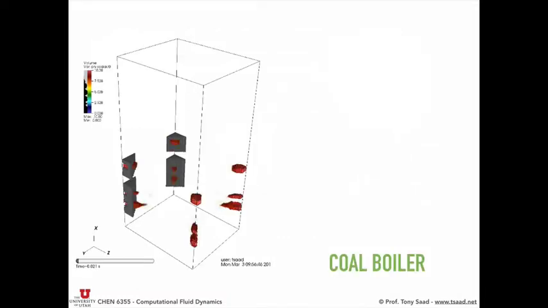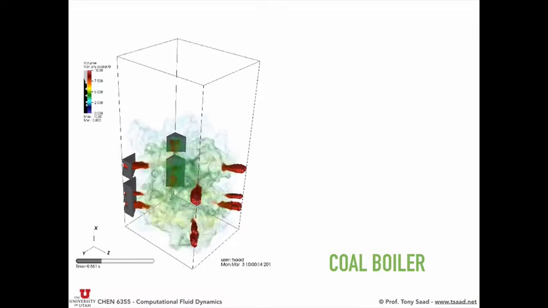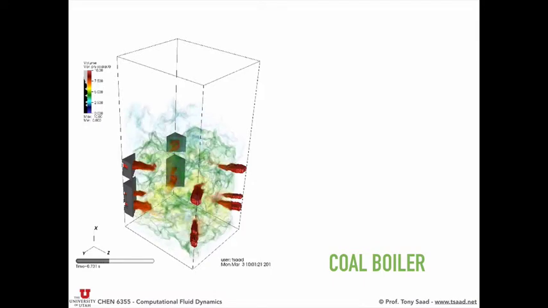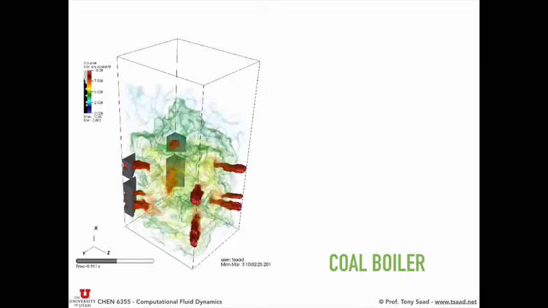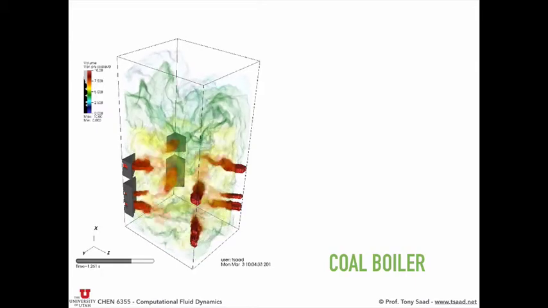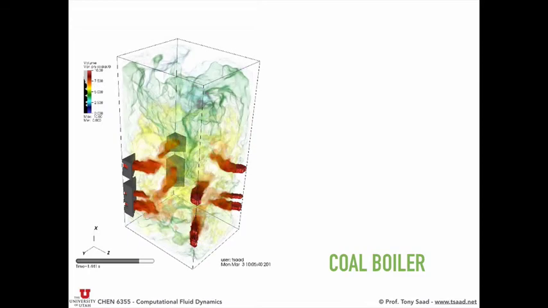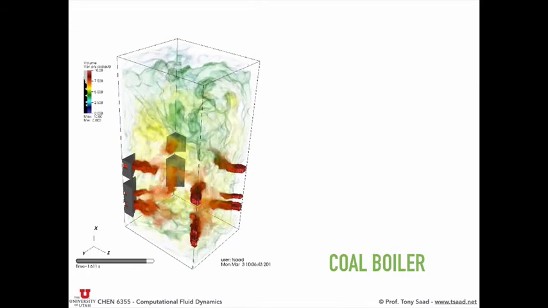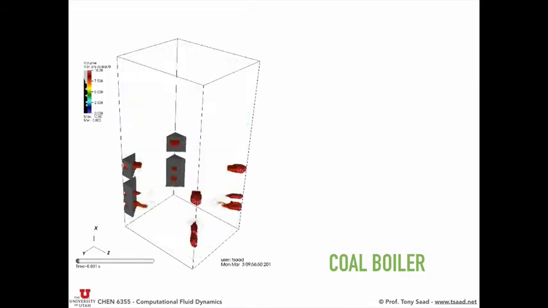And so these are some examples of work we did in my group and my extended group. Just to show you how a CFD simulation can grab your attention. This is a computational fluid dynamics simulation of a coal boiler. This is a pilot scale coal boiler. It's probably actually just this big, okay?